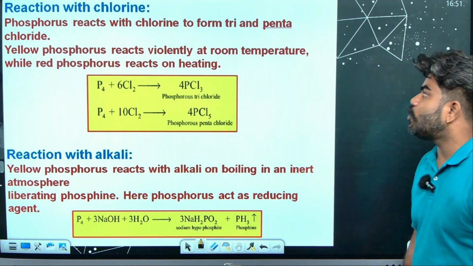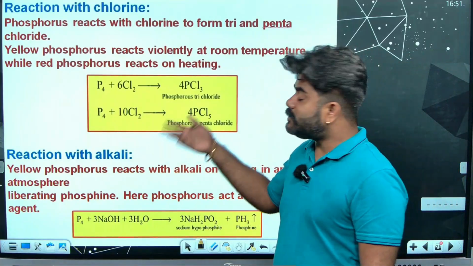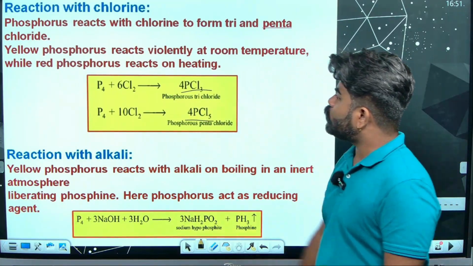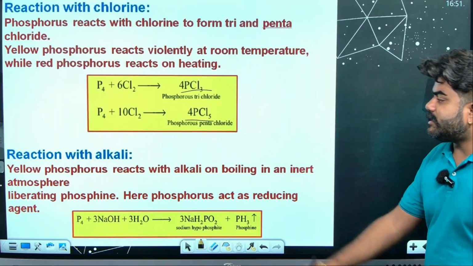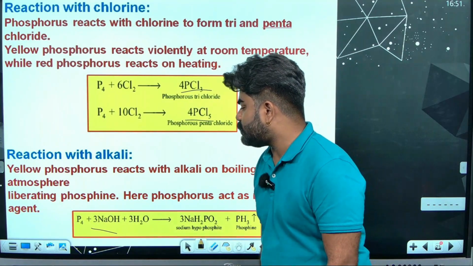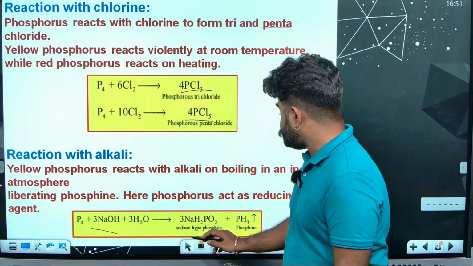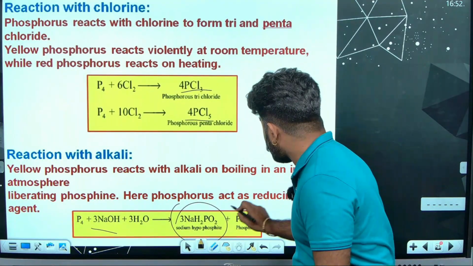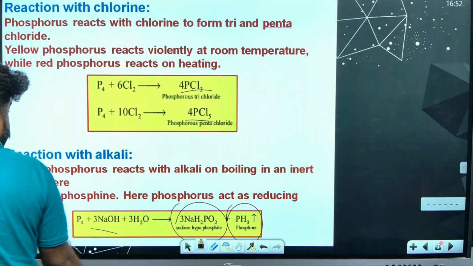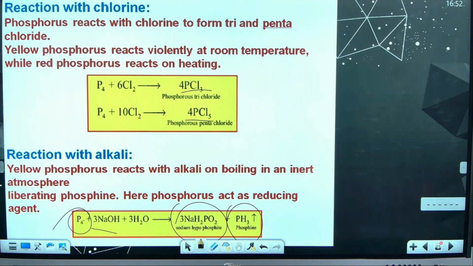Next, reaction with chlorine. Chlorine oda phosphorus வந்து trichlorides form பண்ணும் white phosphorus, அதே மாதிரி red phosphorus வந்து pentachlorides form பண்ணலாம். Then reaction with alkali, that is with sodium hydroxide போட்டு அது கூட ட்ரீட் பண்ணும்போது என்ன ஆகும், it forms sodium hypophosphite along with phosphine. Here you see that phosphorus is acting as a reducing agent. Okay.